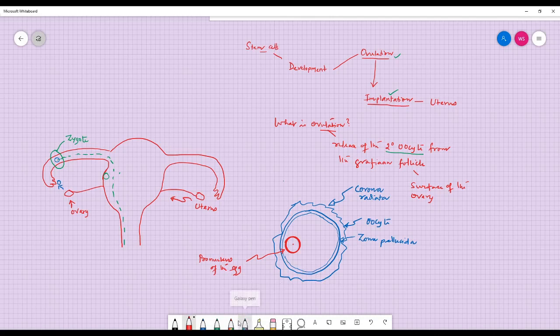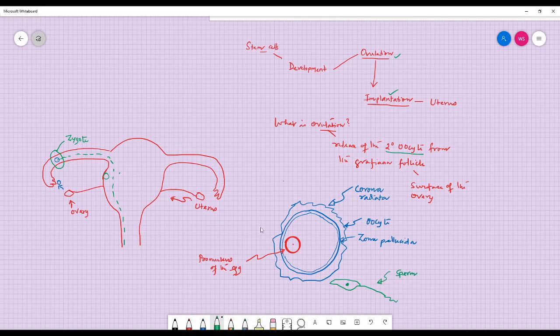Now let's represent sperm here. It's a diagrammatic representation of a sperm.